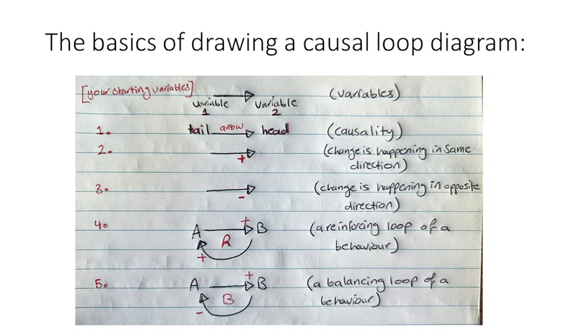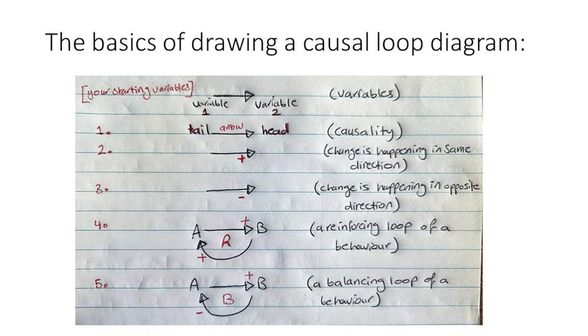So if your tail increases, the head increases. If the tail decreases, the head decreases. Okay? Now, number three, with a minus sign, is the opposite.